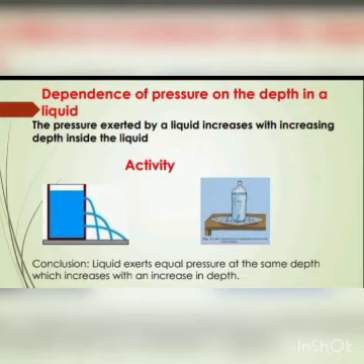We will observe that the water from the 3 holes in container 1 falls at the same distance from it, while the water from the 3 holes in container 2 falls at different distances, and the water from the uppermost hole falls the closest to the container. So, from this activity, we can conclude that liquids exert equal pressure at the same depth, and the pressure increases with an increase in depth.